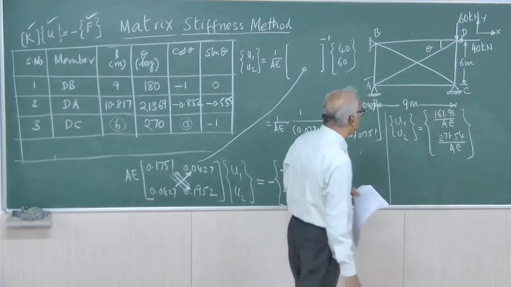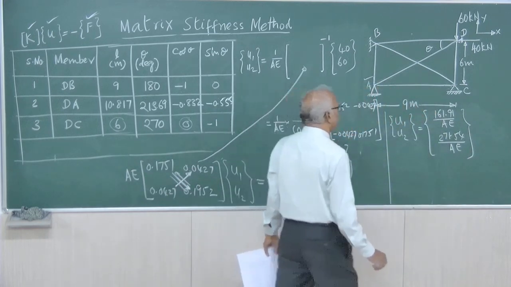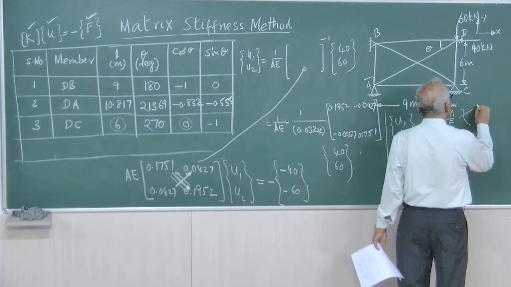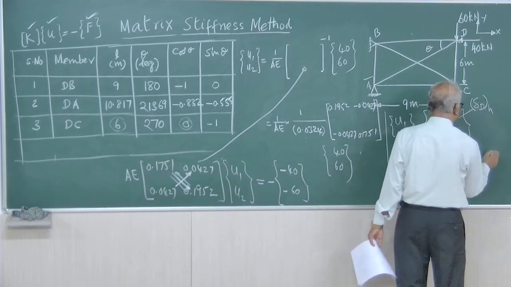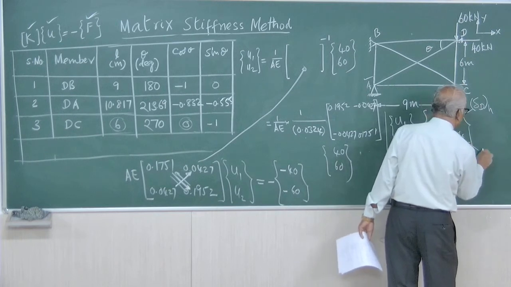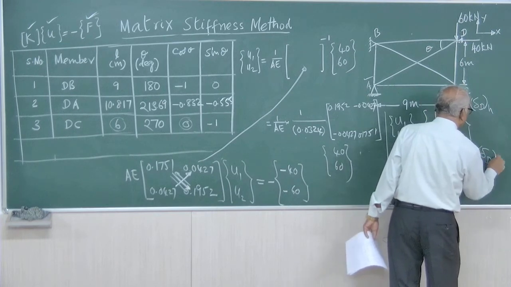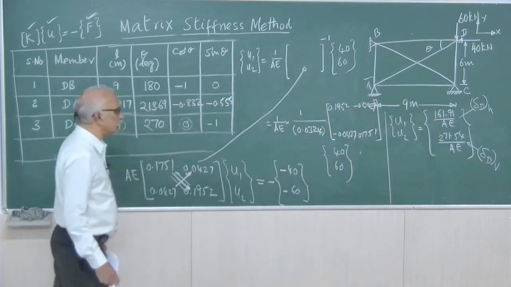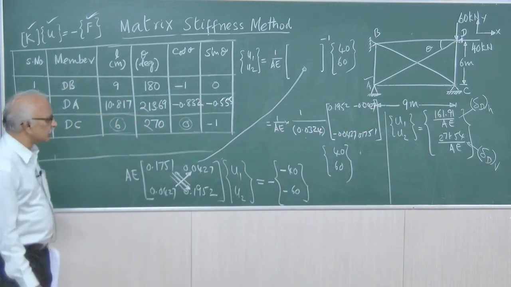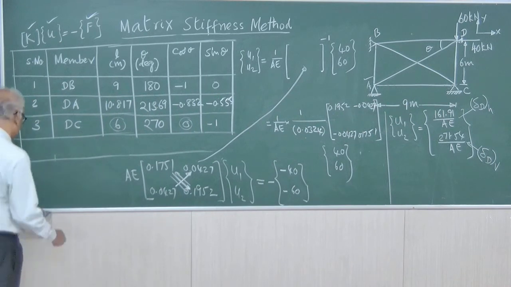So these are the displacements. Actually, this is the displacement delta in the horizontal direction. This is the displacement delta at D in the vertical direction. So that's about the displacements U1 and U2. They are the primary unknowns in the matrix stiffness method.